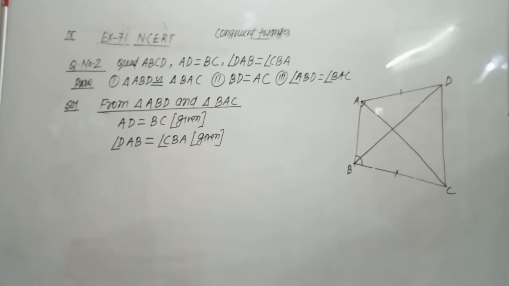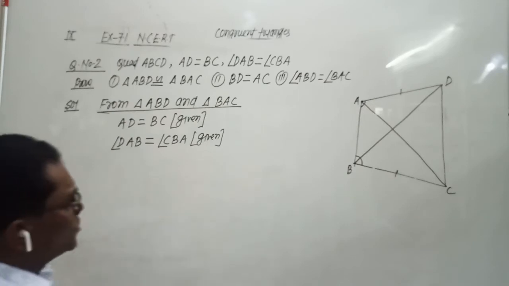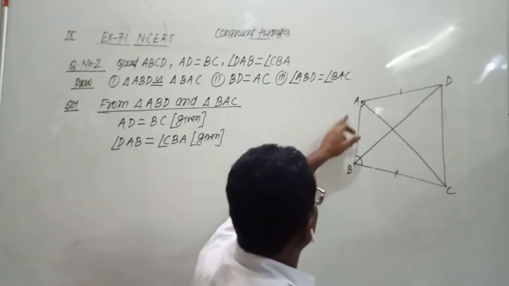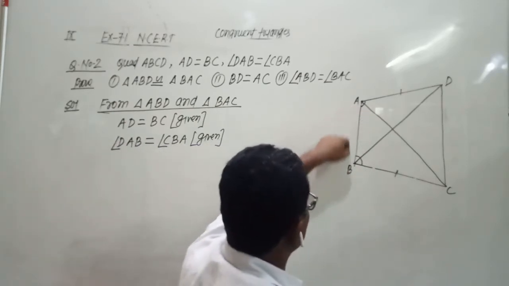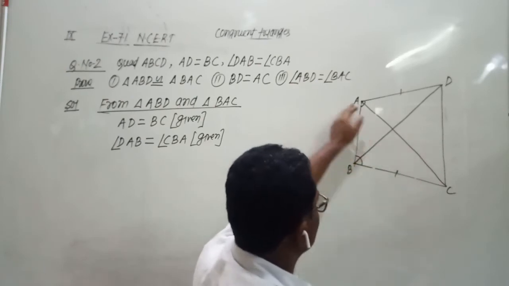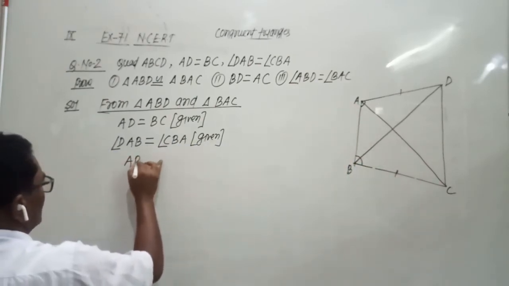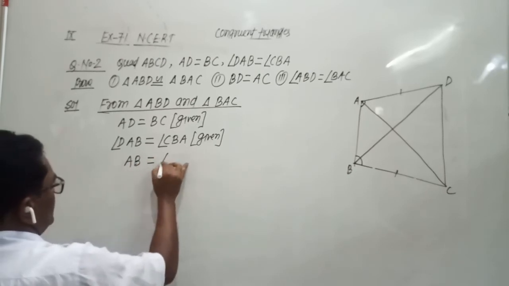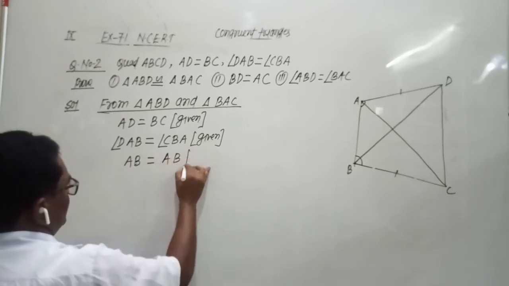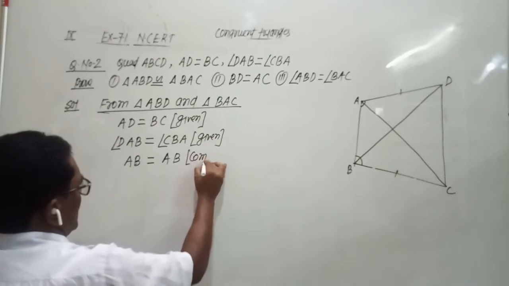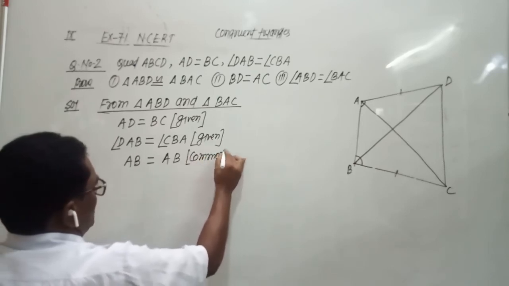And AB is common for both the triangles: in triangles ABD and BAC, AB equals AB.